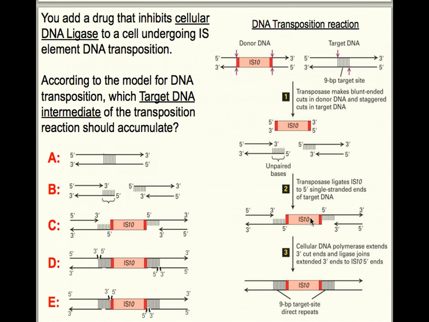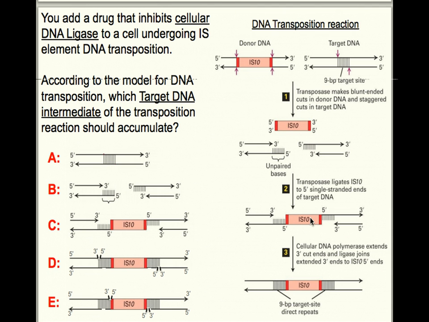But let's say instead of inhibiting ligase, you inhibit transposase. What product are you going to end up with in that case? A, right? Remember, this little ladder thing here is the target DNA. Transposase cuts into the target.